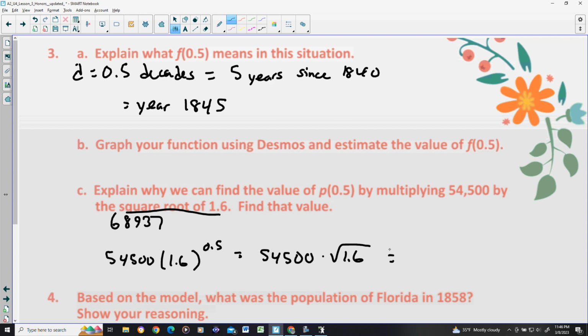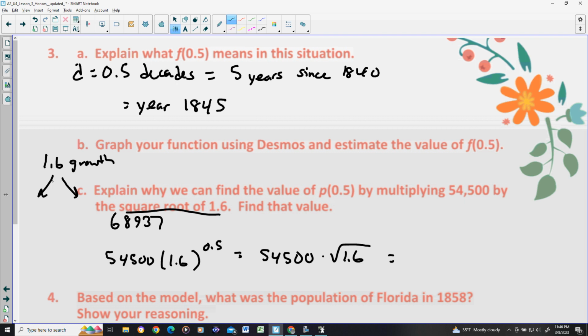Now the question is, why does it work? It works because we're splitting the 60% growth into two parts. We're splitting that 1.6 growth into two parts.